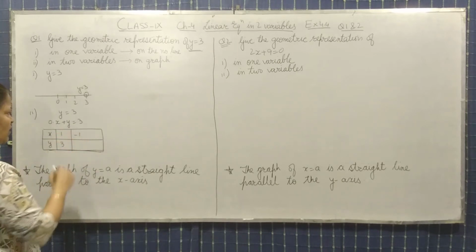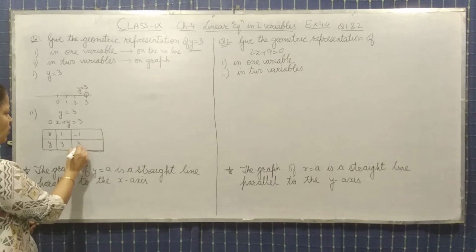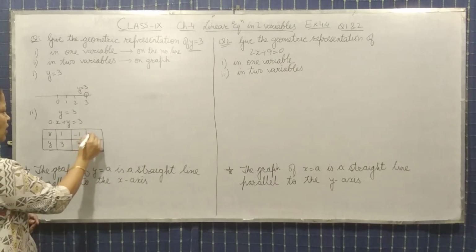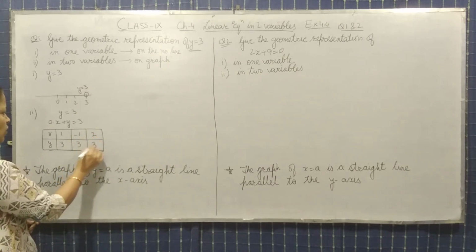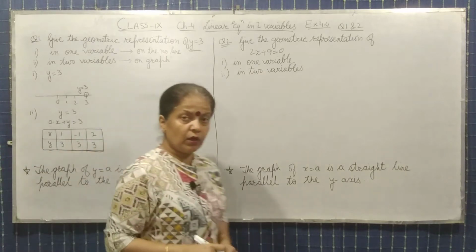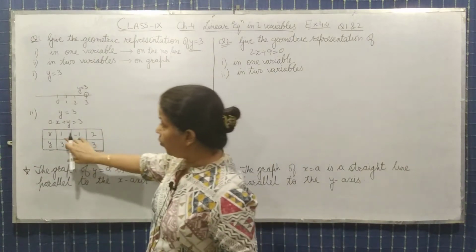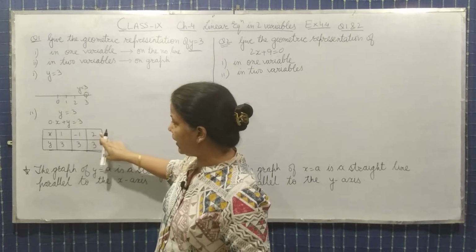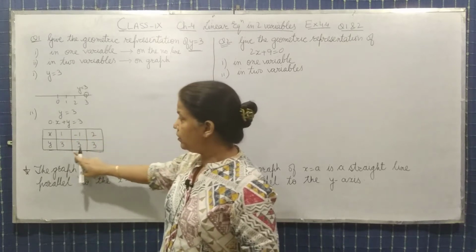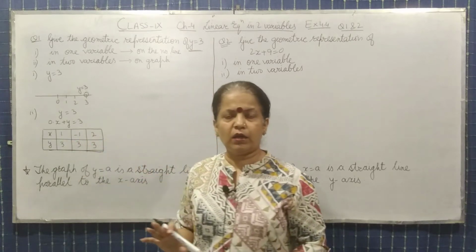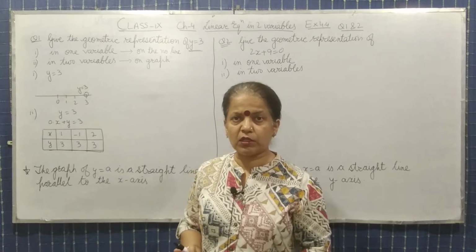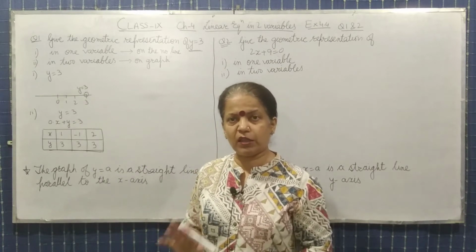Take x as minus 1. Again you will get y as 3. You can take 2. Again you will get y as 3. What do you observe? Whatever value of x we have taken, the value of y is the same, isn't it?